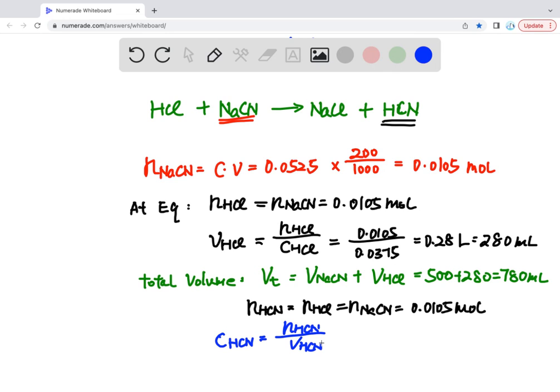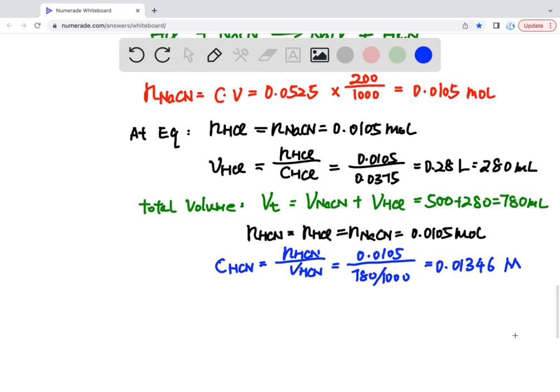So that's 0.0105 over 780 over 1,000 because we use liter as unit. So now the concentration becomes 0.01346.